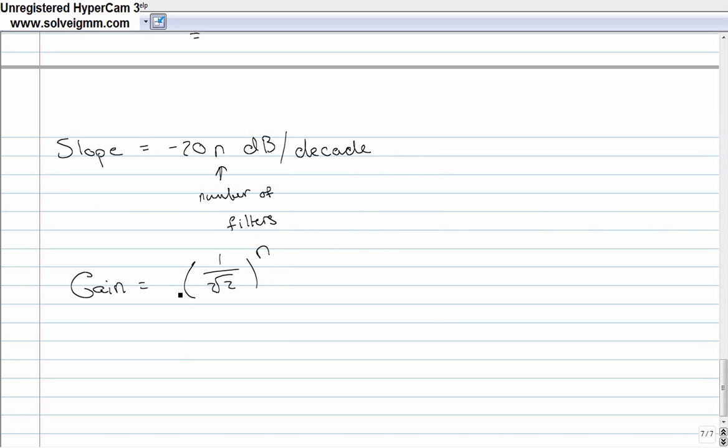So, with one filter, when n equals 1, it works out to 0.6, roughly. And when n equals 2, it works out to 0.5. Before I talk about that, I'm going to show you one more thing that changes.